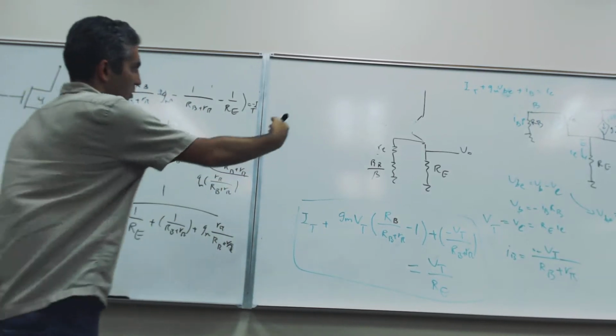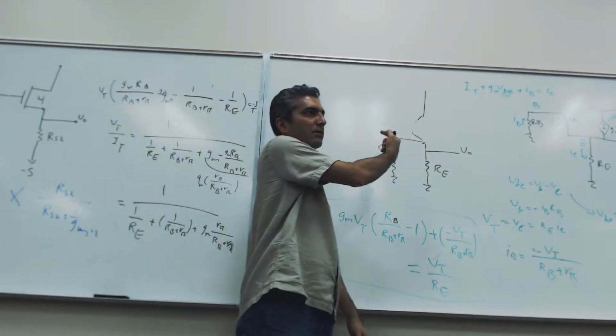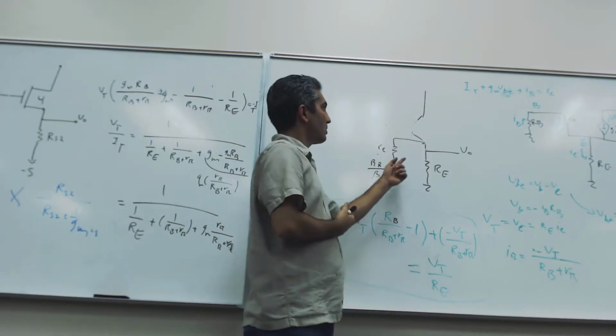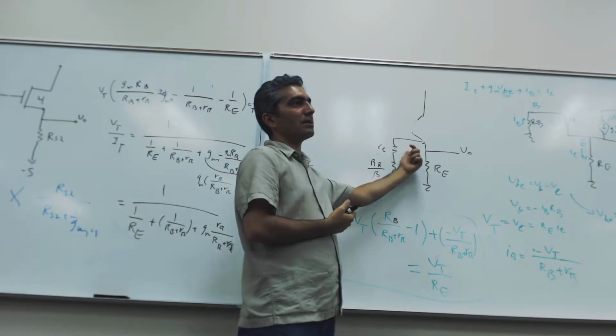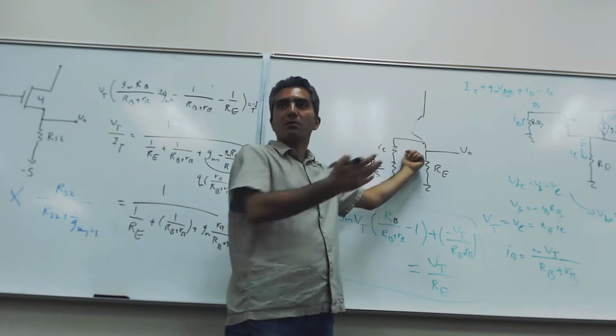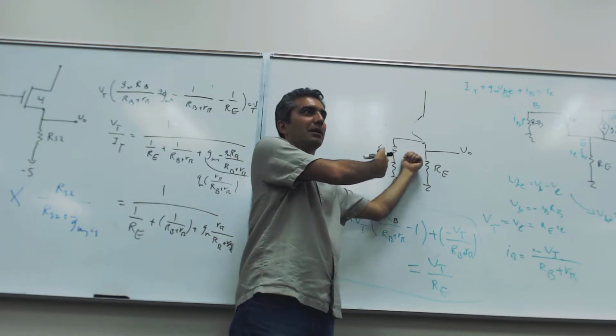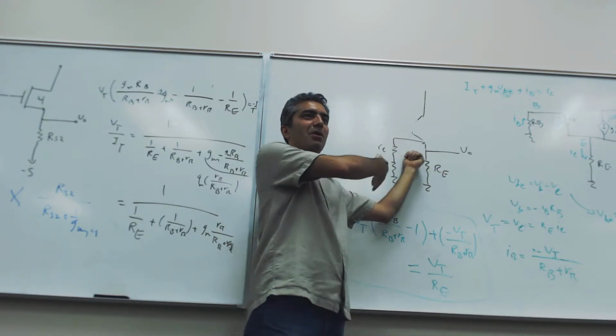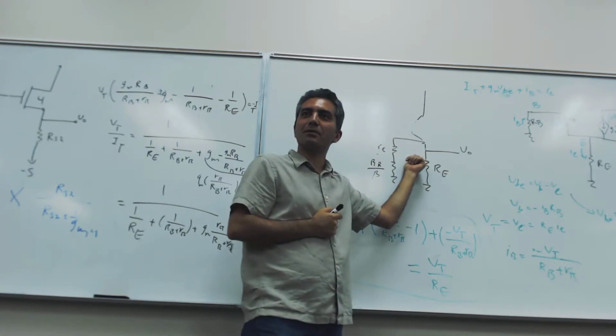Again, that means that when you look in the emitter of a BJT, you don't only see 1 over GM. 1 over GM, by the way, is RE. In a BJT, 1 over GM and RE are the same thing.